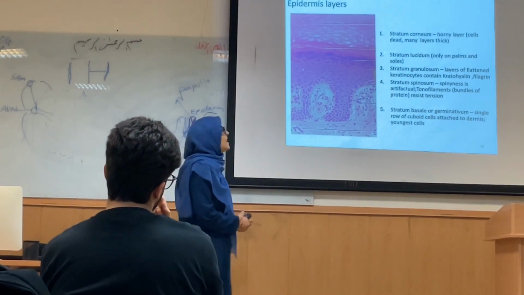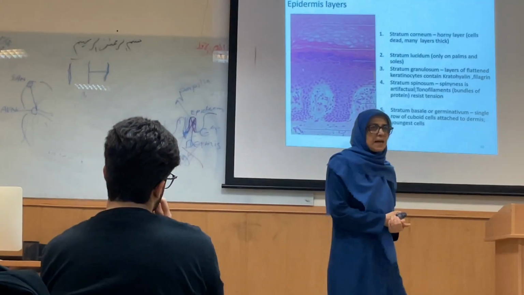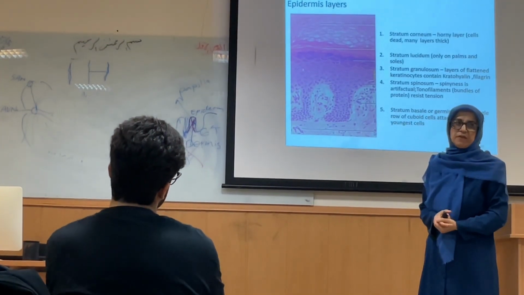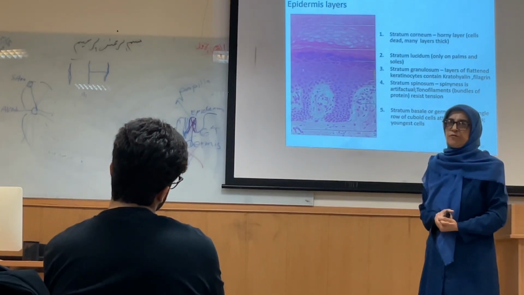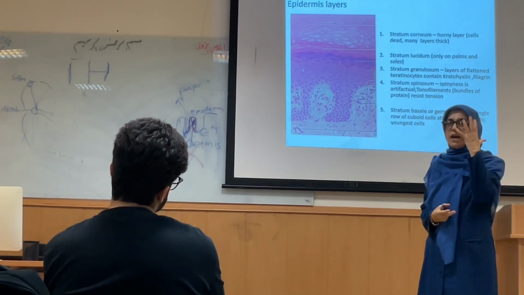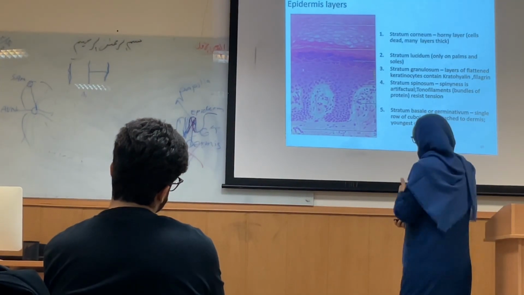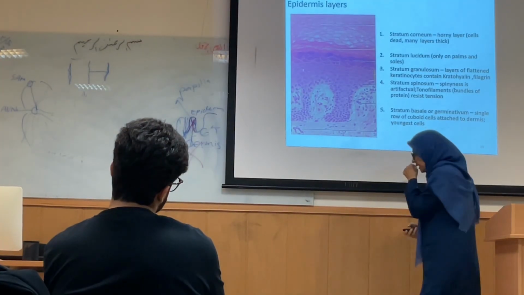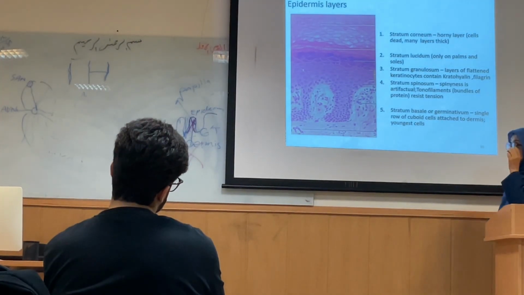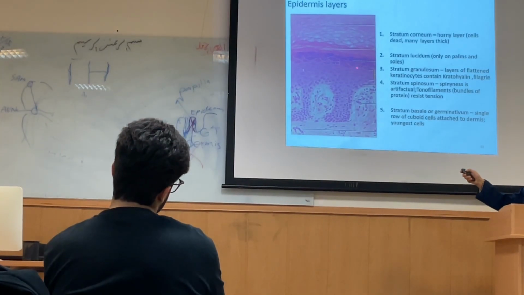In more detail, the epidermis, based on the shape of the cells and their function, has 5 layers in the thick skin and 4 layers in the thin skin. The epidermis is a type of stratified squamous keratinized epithelium.